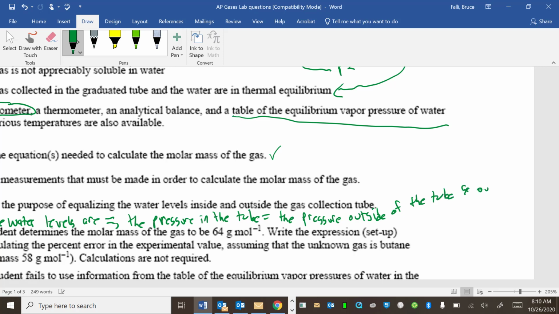So our barometer can tell us the pressure of both.